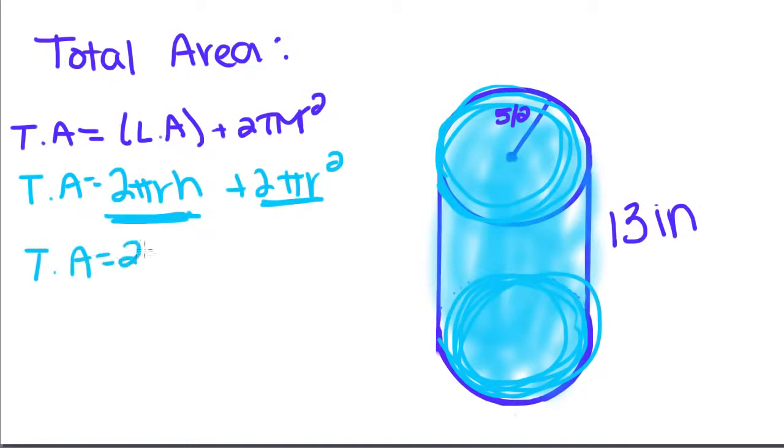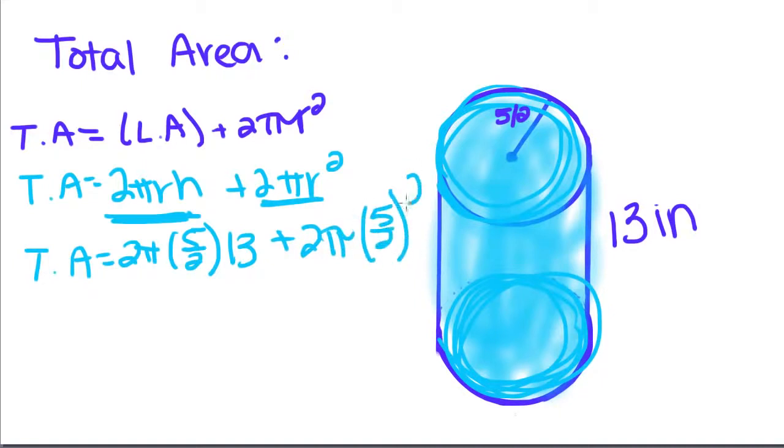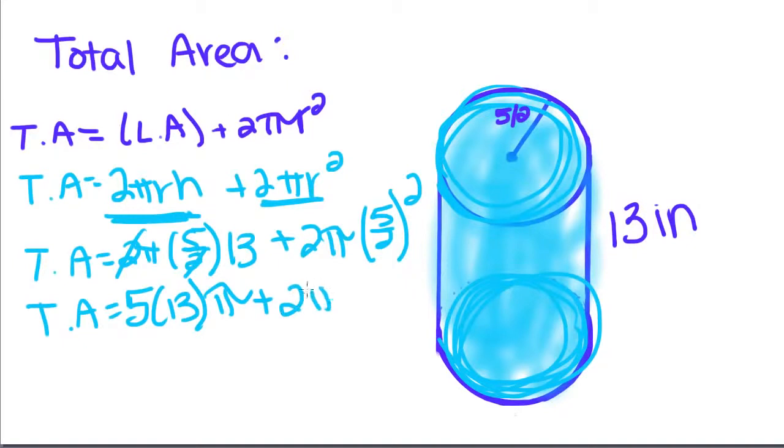So we have 2 pi times r, which is 5/2, times 13, plus 2 pi r squared. So 2 times 5/2 just leaves us with 5, because the 2's cancel. So we have 5 times 13 times pi plus 2 pi.